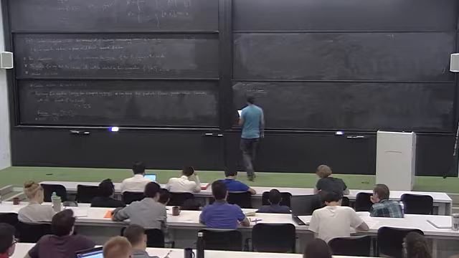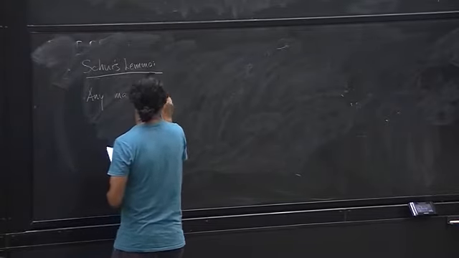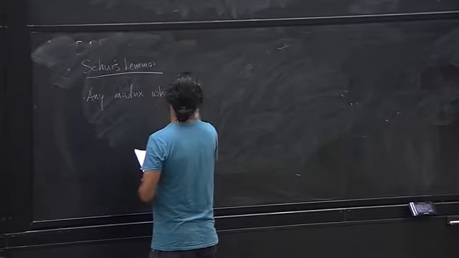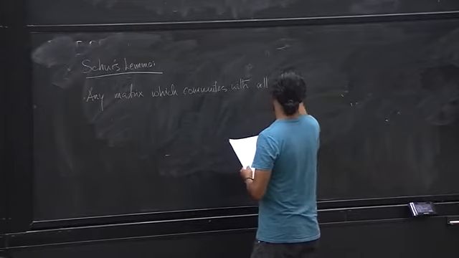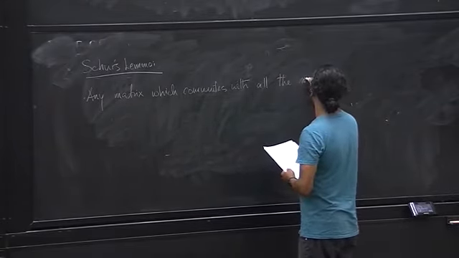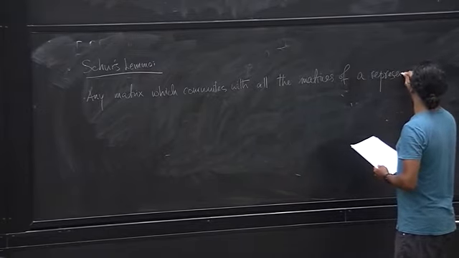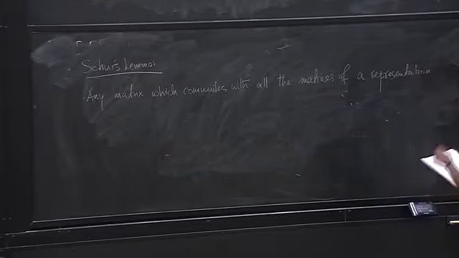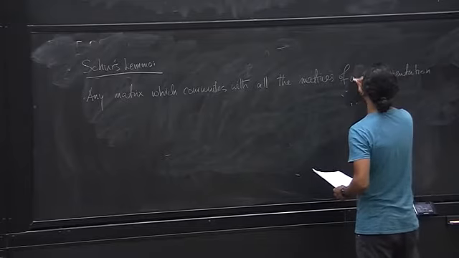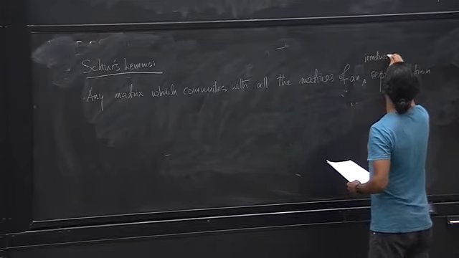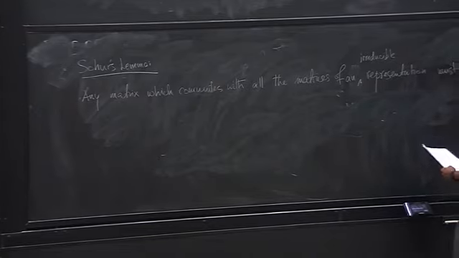And Schur's lemma tells us that any matrix which commutes with all the matrices of an irreducible representation must be proportional to the identity.